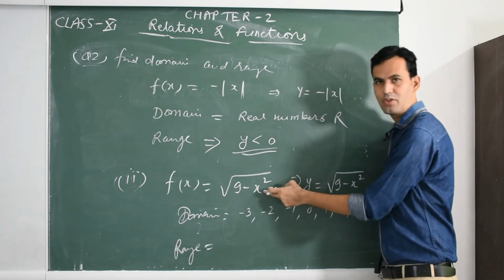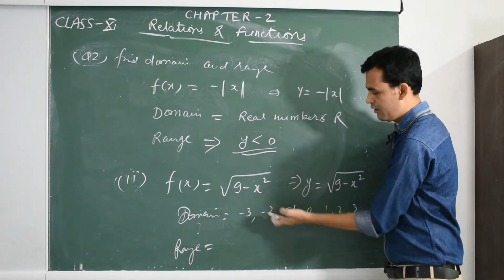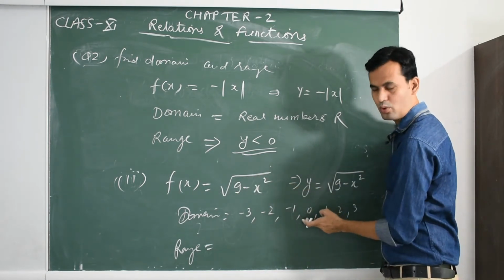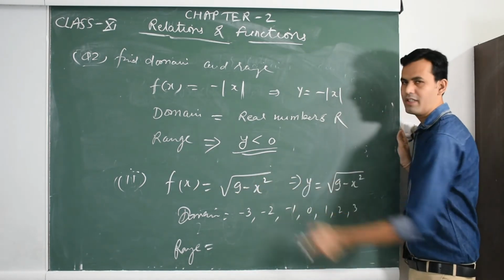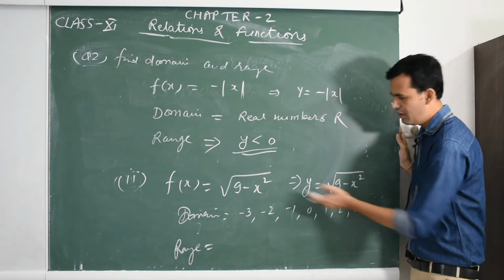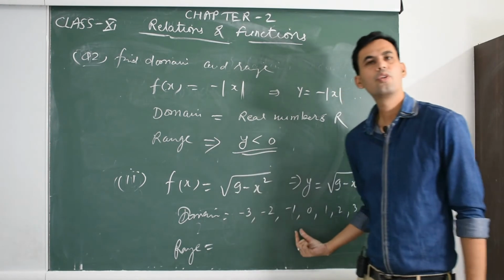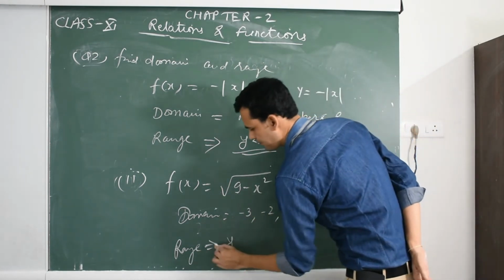If we put minus 2, then we get 9 minus 4, that's 5, so root 5. If we put minus 1, then we get root 8, that is 2 root 2. If we put 0, then we get 3. For 1, 2, 3, same values. So these are the values of the domain. And what is range?